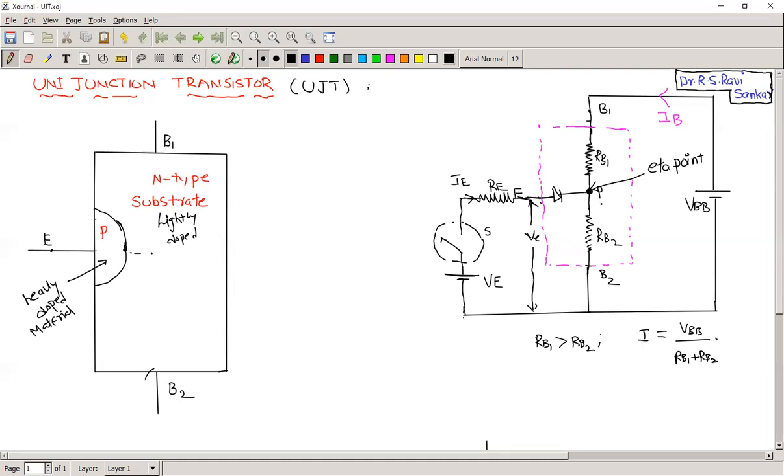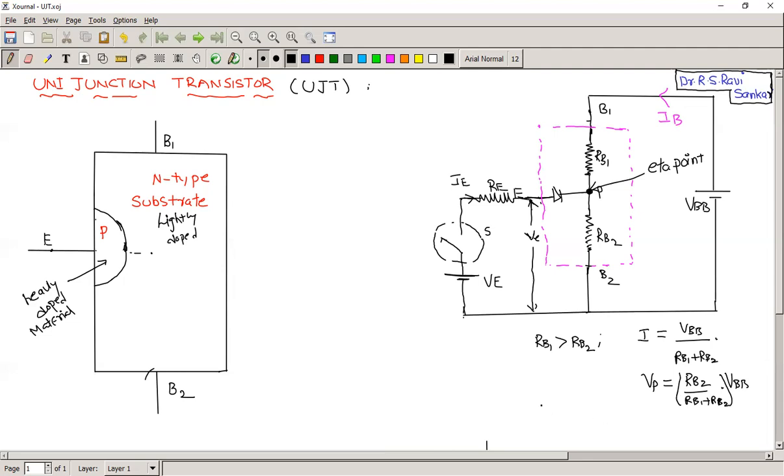Now we want the potential of the point P. The potential of the eta point is equal to this current into this resistance. If we rearrange this equation, it is RB2 by RB1 plus RB2 into VBB. This is nothing but the intrinsic standoff ratio of a UJT.